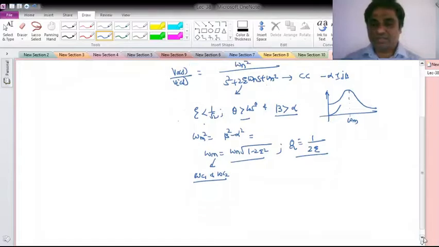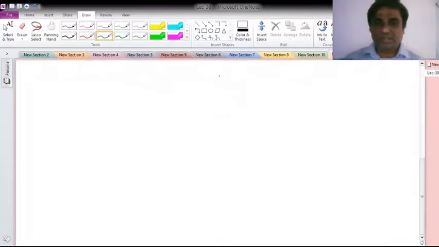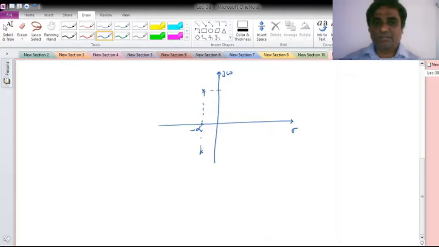And how was the construction? First, I will have the pole-zero map like this, and here it is to be noted that the imaginary part has to be greater than the real part, on the sigma-j omega plane. Then I take the real part, minus alpha, as the center and beta as the radius, and draw a circle.